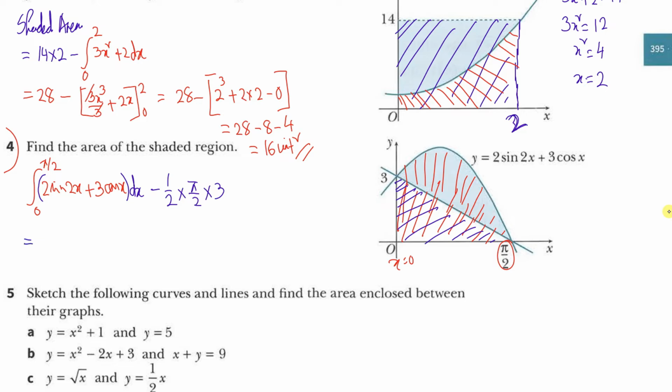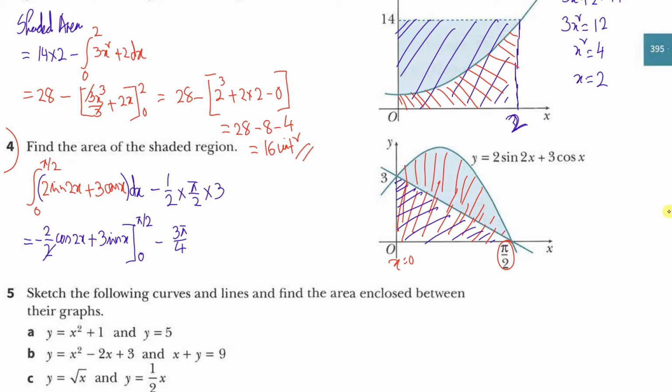Let me integrate, which gives us 2 sine 2x becomes minus 2/2 cos 2x. Then another part is 3 cos x, so we write 3 sine x as well, because if we integrate cos x it gives us sine x, and the limit is pi/2 and 0. From there we get 3 pi/4 on the right side.